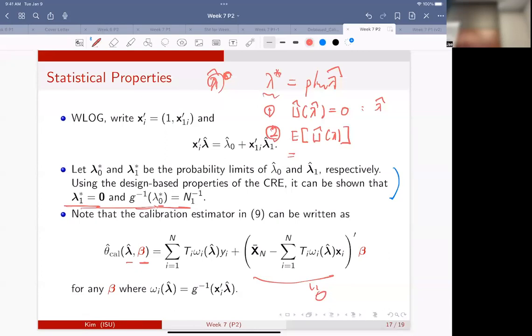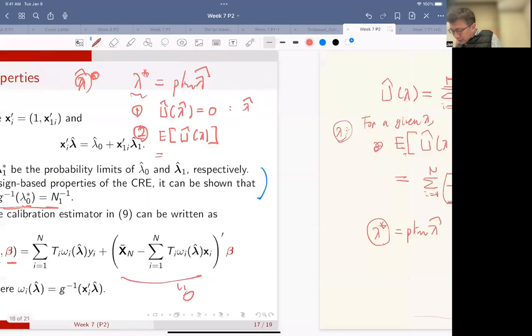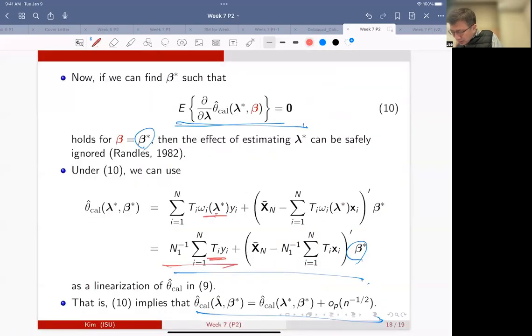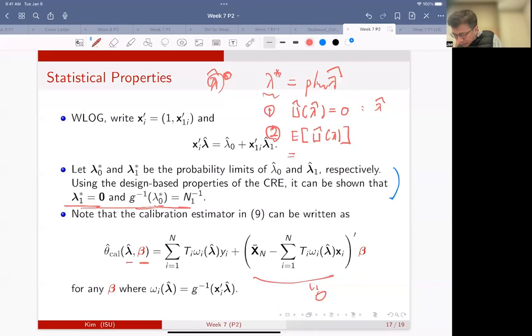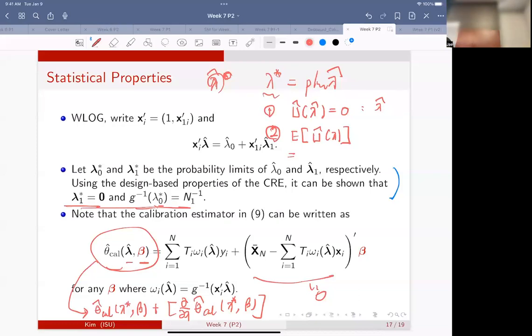So how to do that? The idea is, if you think about doing a Taylor expansion of this guy, you will get something like this. You have an augmented index, with beta here, but you can still do a Taylor expansion. So this is your Taylor expansion.